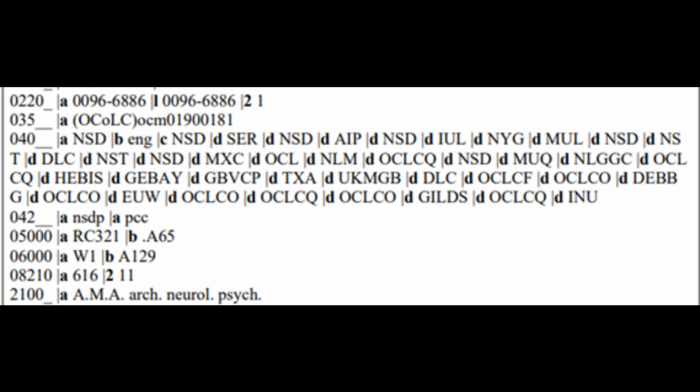In this case, we have an academic journal entitled American Medical Association Archives of Neurology and Psychiatry. So there is a lot to take note of in processing a serial. Okay, so you have there tag 022. That is the International Standard Serial Number. You have to indicate the serial number.